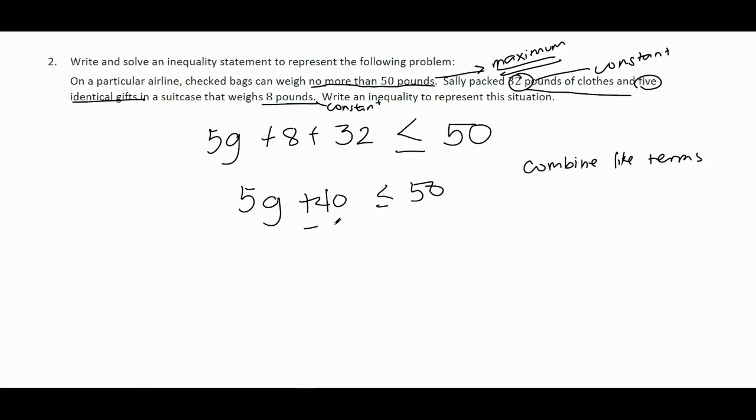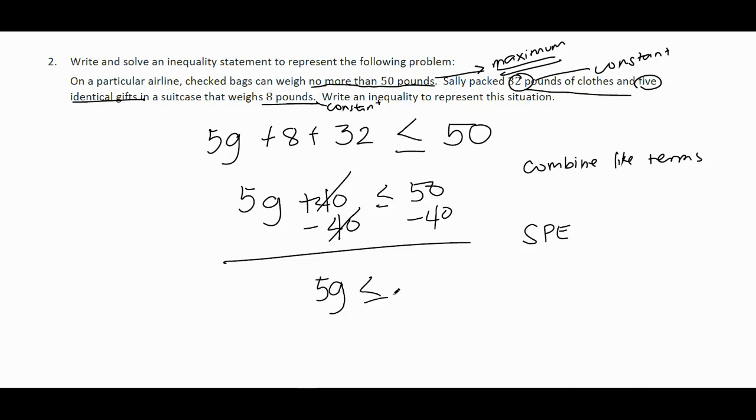Now, we can subtract both sides by 40 because that is the given amount or weight, which is 40. So we're going to subtract that using SPE, or subtraction property of inequality. We're going to have 5G is less than or equal to 50 minus 40, which is 10.